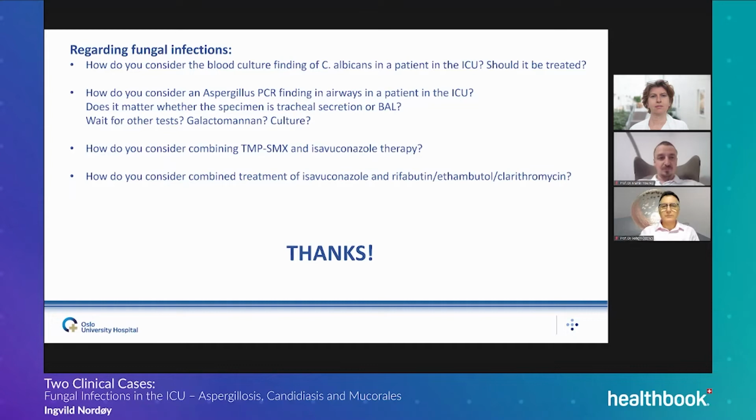These are some of the points I've already mentioned, actually: what to do when you only find Candida in one blood culture. When we have a patient in the ICU, we do take blood cultures daily if we suspect, of course, that there are infections. If we have had a finding, we continue to take these blood cultures, and that was the only blood culture that came out positive.